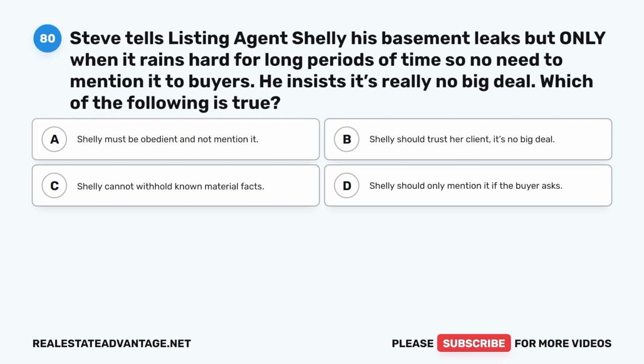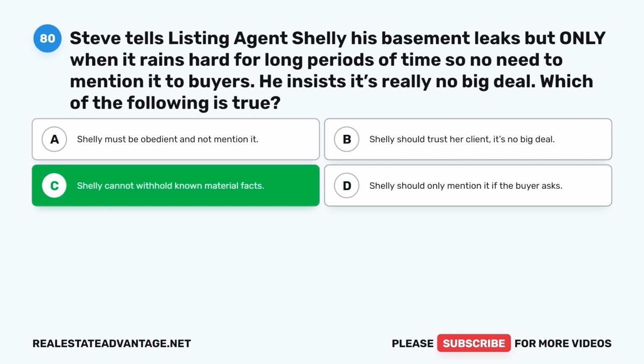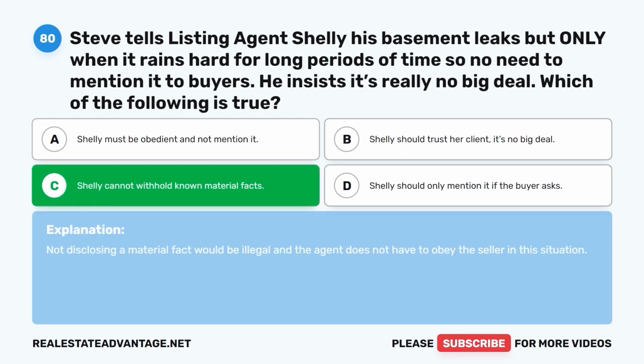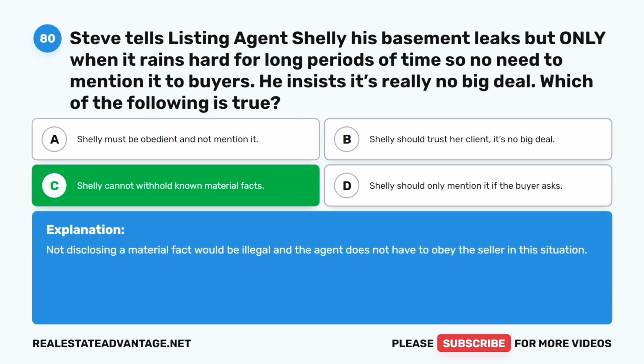It's no big deal. C. Shelley cannot withhold known material facts. D. Shelley should only mention it if the buyer asks. The correct answer is C. Shelley cannot withhold known material facts. Not disclosing a material fact would be illegal, and the agent does not have to obey the seller in this situation.